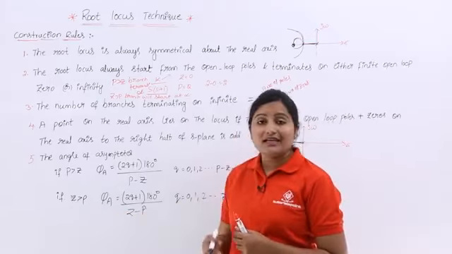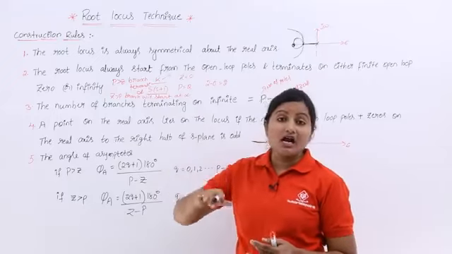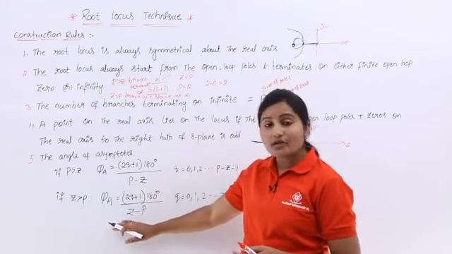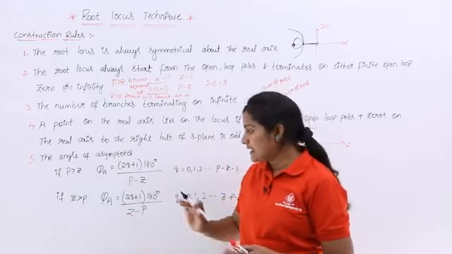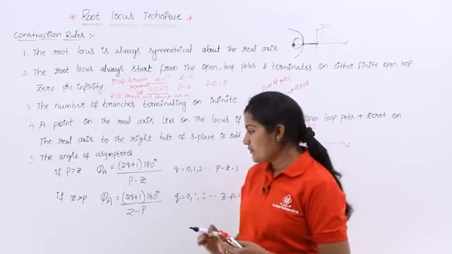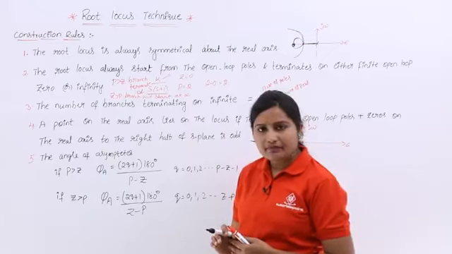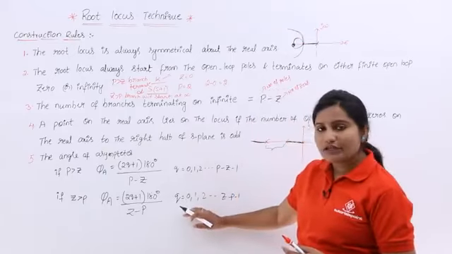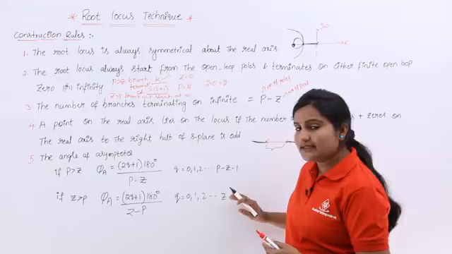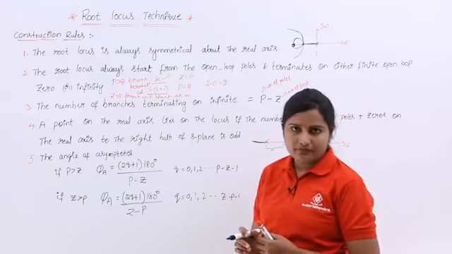And if Z is greater than P, the branches will start at infinity and the asymptote angles are phi A equivalent to (2q plus 1) into 180 divided by (Z minus P), where q is equivalent to 0, 1, 2, and so on up to Z minus P minus 1.